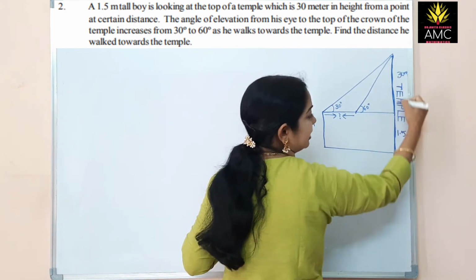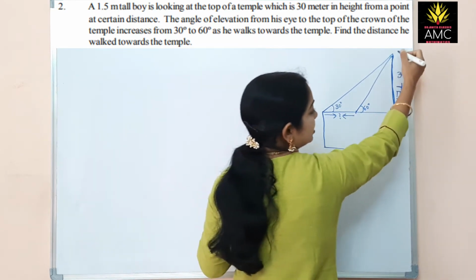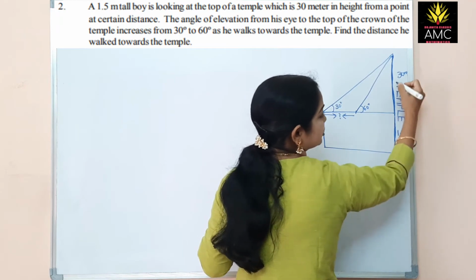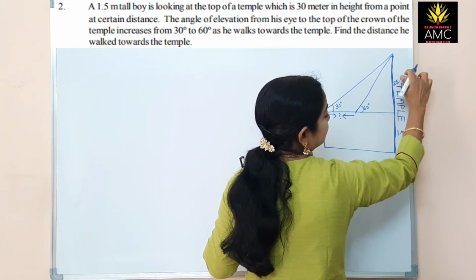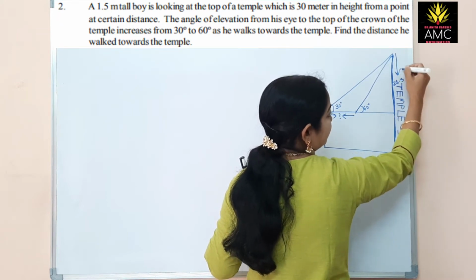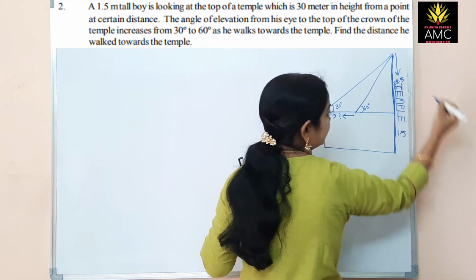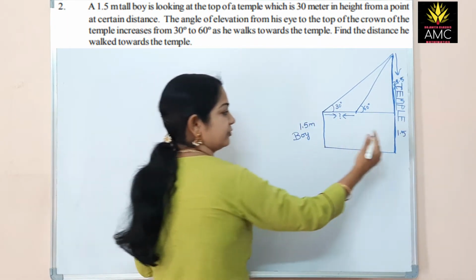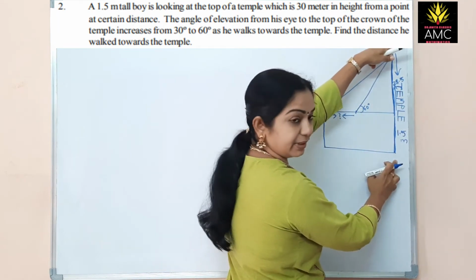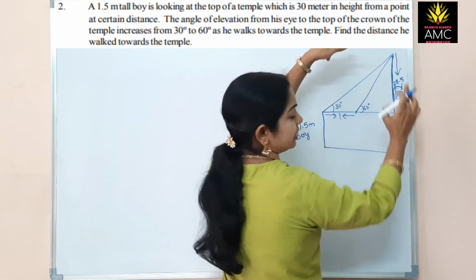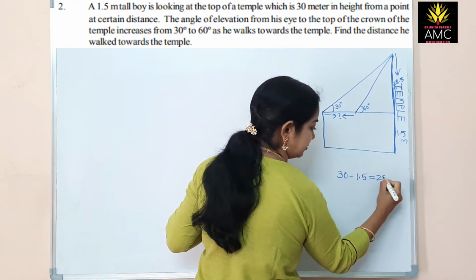Now here I can calculate: this total is 30 meters, the height of the temple, minus 1.5 comes to 28.5.